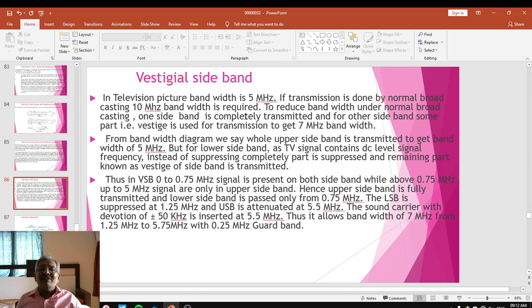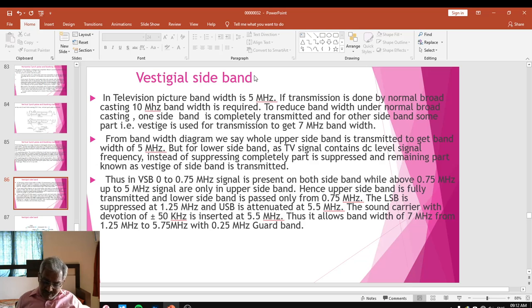Let us proceed further to study one of the repetitive aspects which I already studied in topic number 2, that is vestigial sideband. When we studied the modulation and demodulation topic, we introduced the meaning of vestigial sideband.